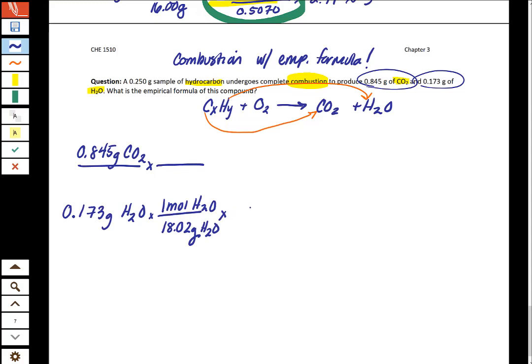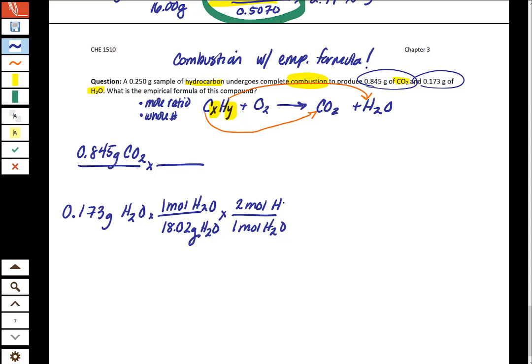And we want to take this all the way to moles of just hydrogen. Because remember, we said just a couple of moments ago, that when we are searching for the X and the Y, what we need are mole ratios and whole numbers. So right now we have grams of water. We want moles of hydrogen. So we're in moles of H2O, and now we can take our moles of H2O and say for every 1 mole of H2O, we have 2 moles of hydrogen.